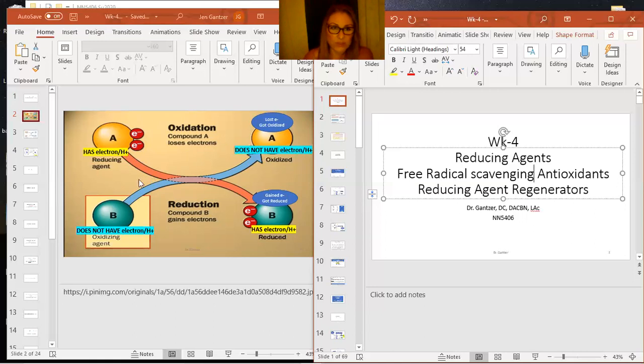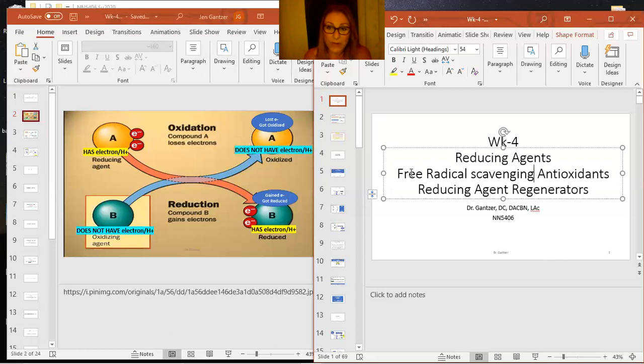So the reducing agent is going to be the molecule, the antioxidant, that has the electron or hydrogen atom to donate. However, once it does its job as an antioxidant and it donates the hydrogen atom that it has, right, in the reduced state, it then gets oxidized.